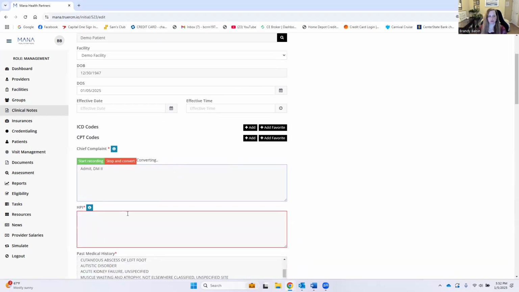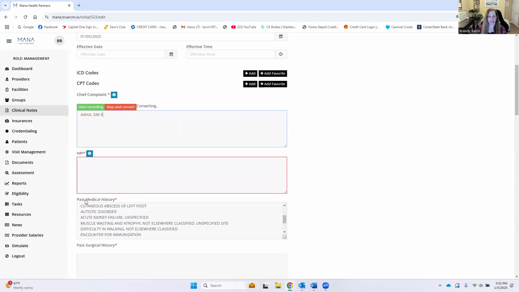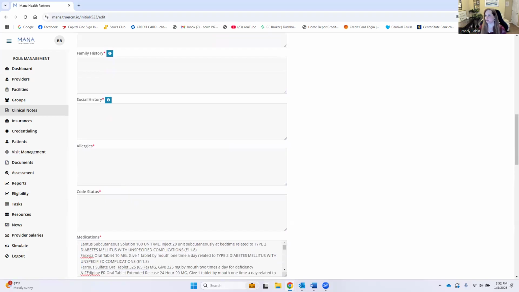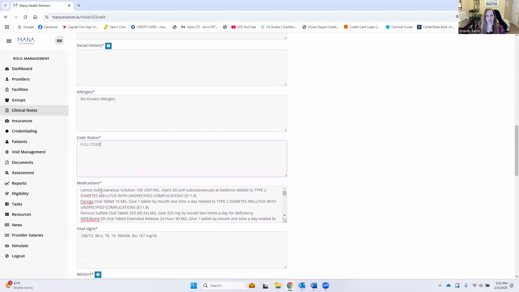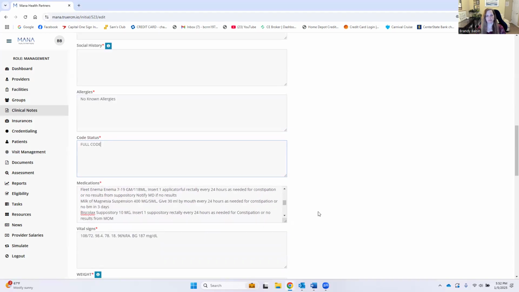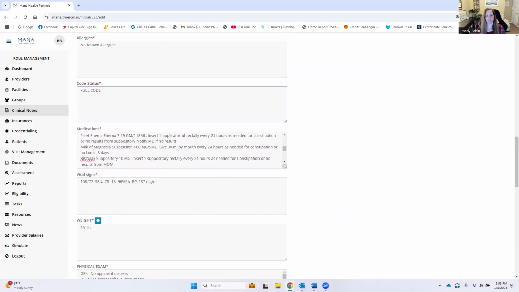So when you scroll down, you've clicked it and it will show you the past medical history. It will show you the allergies and automatically drop down into the allergy box. It will show you the code status just with that one button. It will show you the list of medications. It will show you vital signs and it will show you weights.